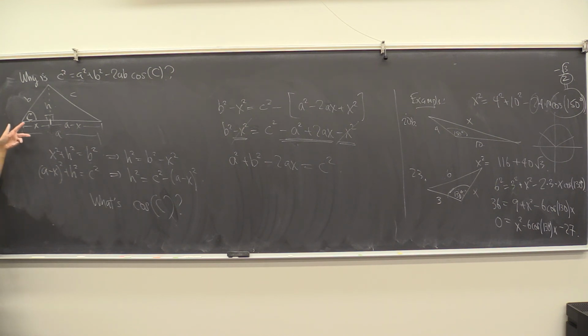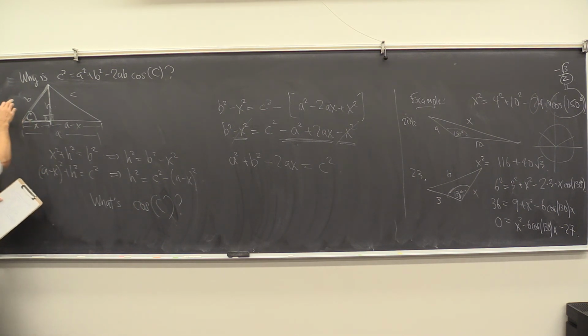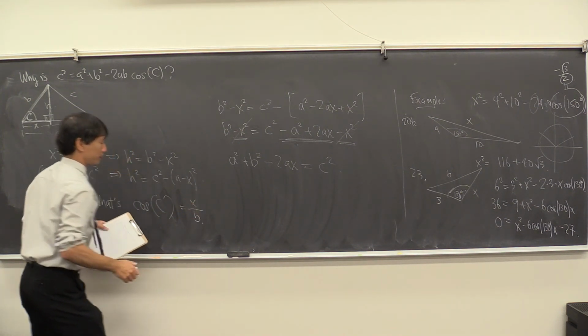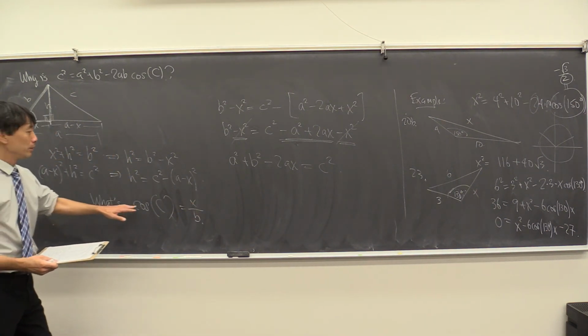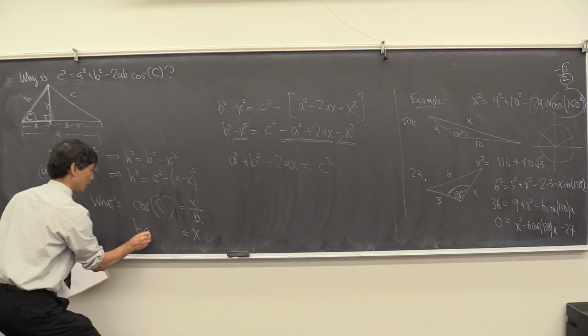A minus x over c. So you want to think over here with this right triangle here. So x over b. X over b, great, right? So what does that tell me? That tells me that x is b cosine c.